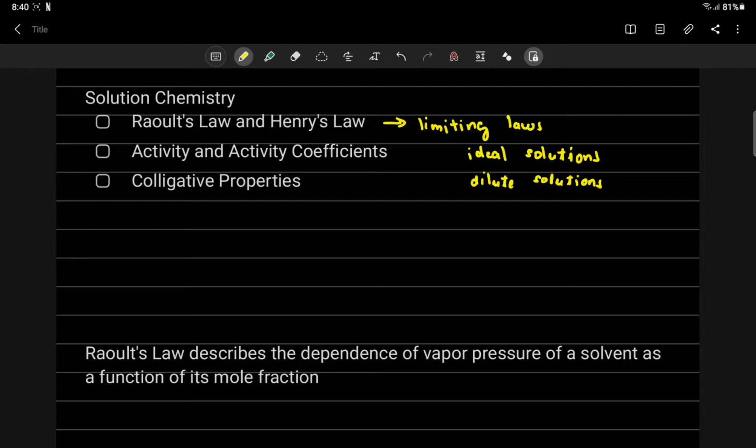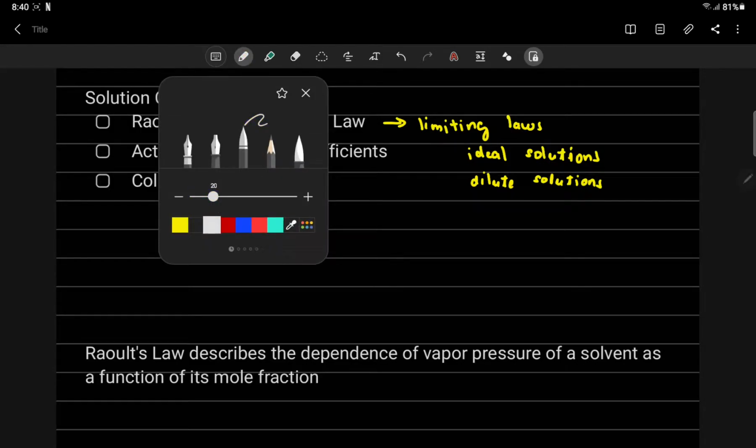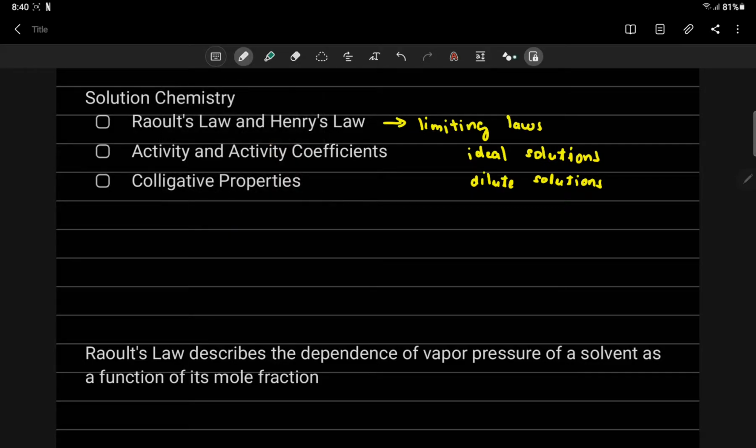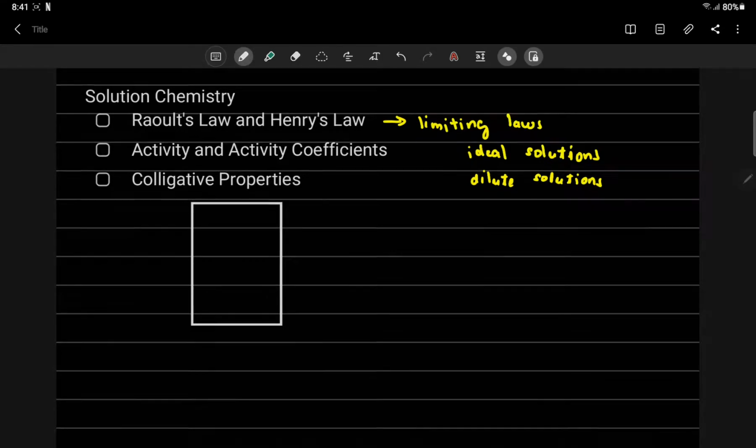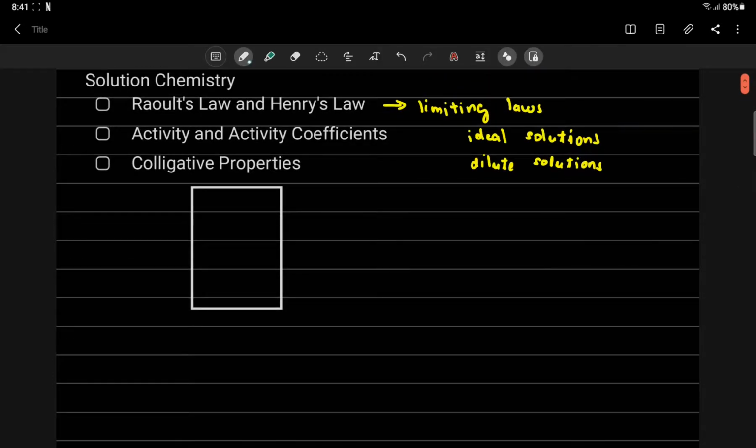Now, what's the difference between Raoult's law and Henry's law? So, suppose meron tayo ditong solution, and let me draw it like this. Okay, and lalagyan natin siya syempre ng solvent.